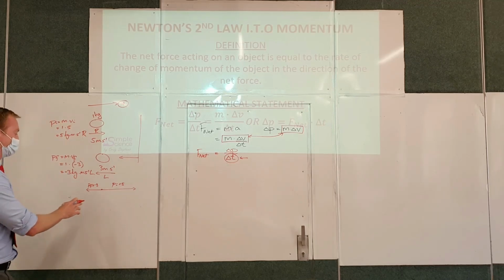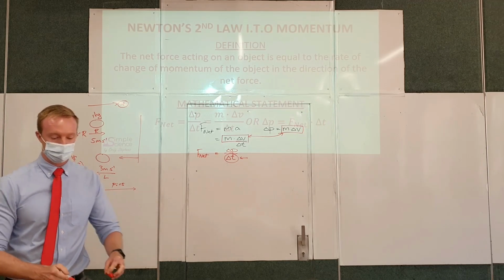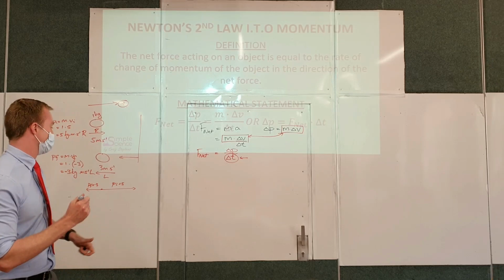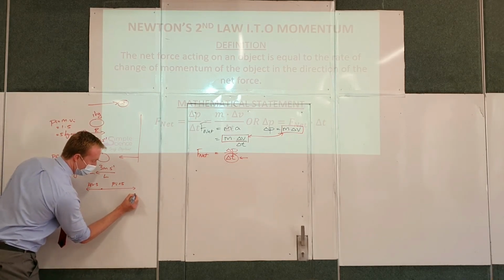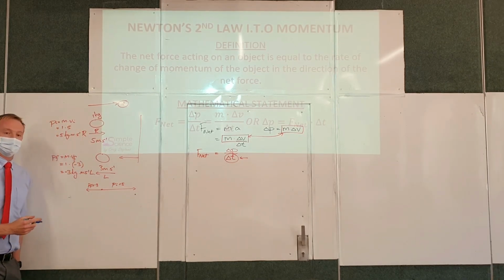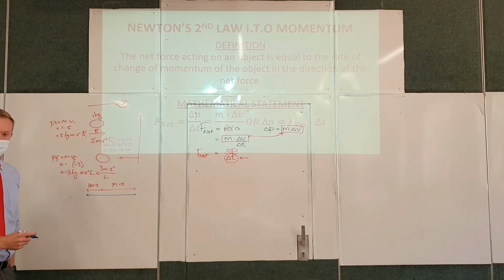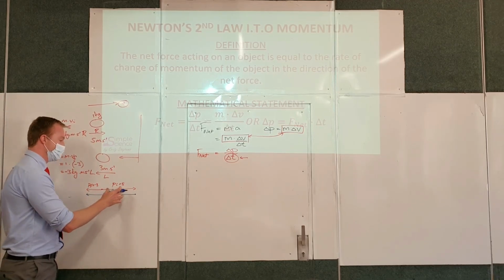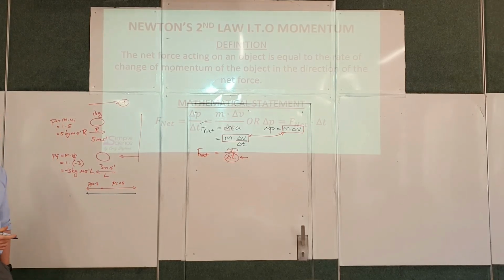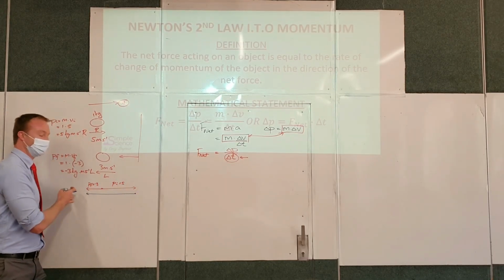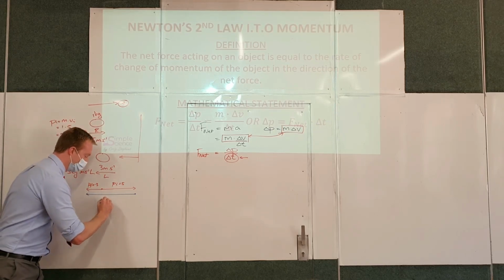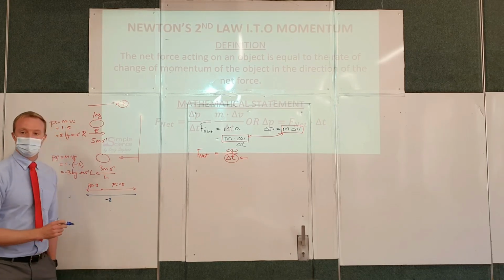And from this, we can then see what our change in momentum is. Our change in momentum is always going to be from the head of the first arrow to the head of the last arrow. What we can see here is that the total difference, if you see this like a number line, is to go from 5 to minus 3. The change in momentum must be negative 8.